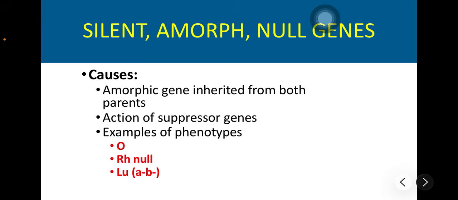This is the most famous amorph, unlike the A and B genes which produce active enzymes to build antigens. The O gene is non-functional. It produces an inactive protein that cannot modify the precursor substance, which is why group O individuals have no A or B antigens. We also have the small h gene.